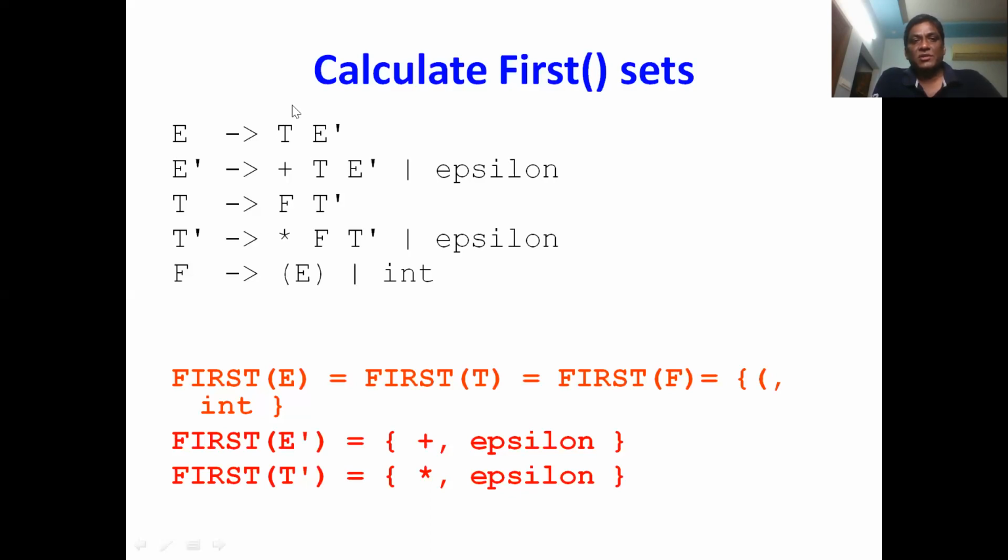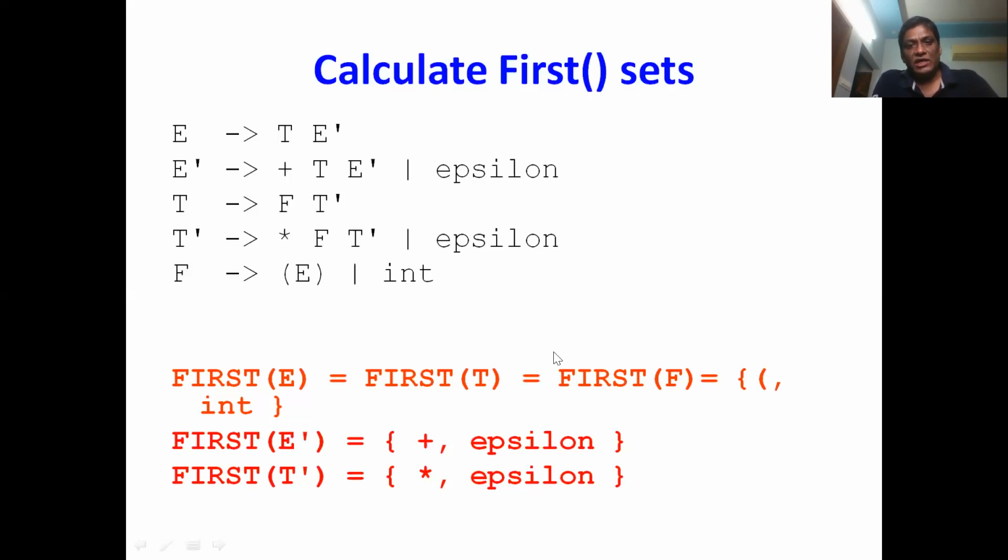What is that you need to remember? If first of T here contains epsilon, then you need to perform union operation with first of E dash also. So it becomes first of T union first of E dash. Similarly here, for calculating first of T, you have to perform first of T is equal to first of F. If first of F contains epsilon, then perform union first of T dash.